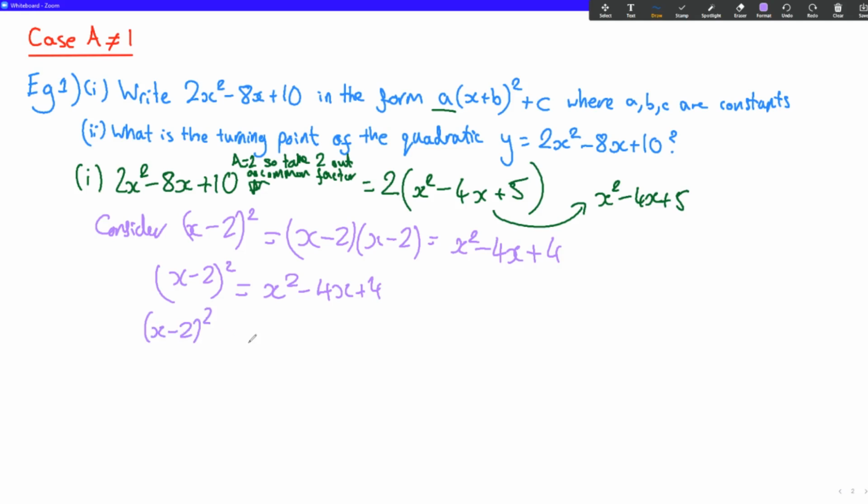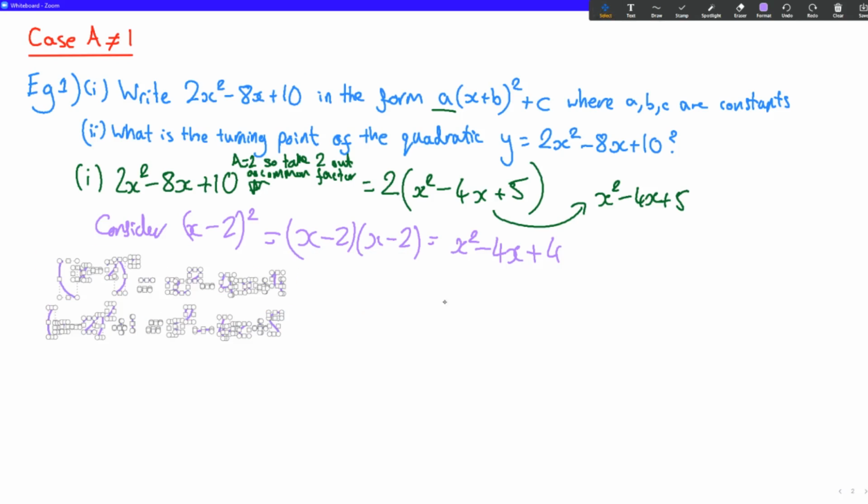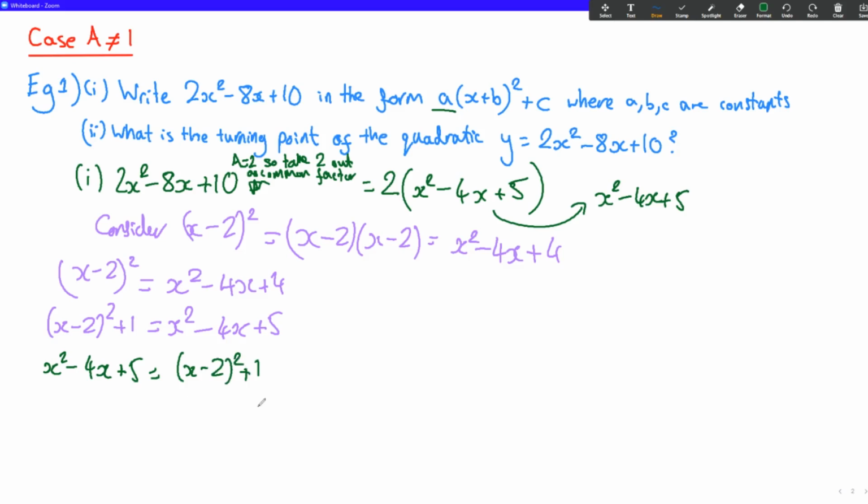But if you feel comfortable with them, you can always just say, yeah, I only need 1 more to get to this. Okay, and now we've got that. So now we can say, alright, so x squared minus 4x plus 5 equals x minus 2 squared plus 1. But remember, we don't want that. We want 2 times all of that.